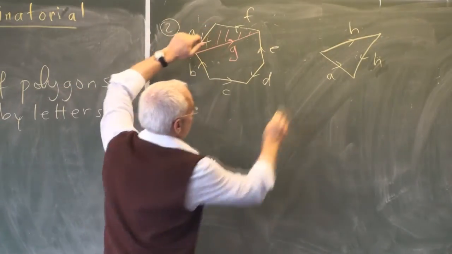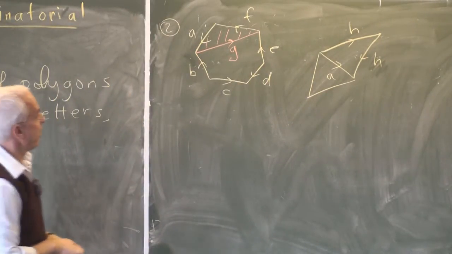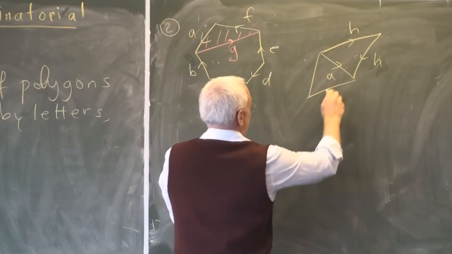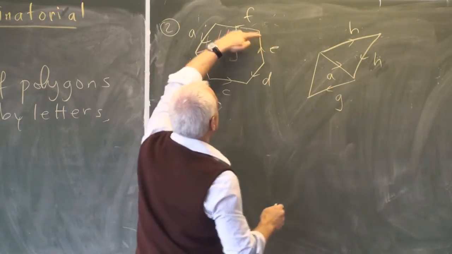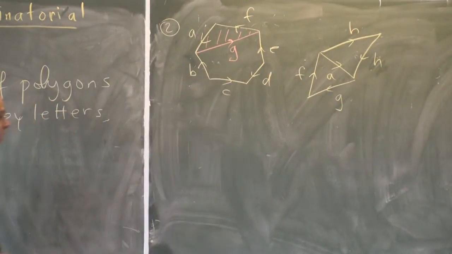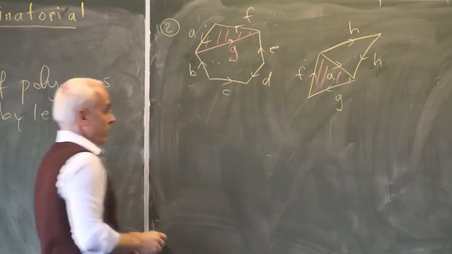And to do that, we might have to flip it if necessary. So the piece would go over here. And there'd be an A in this direction, followed by a G, and then followed by an F. So this piece here would be cut off and moved over there.